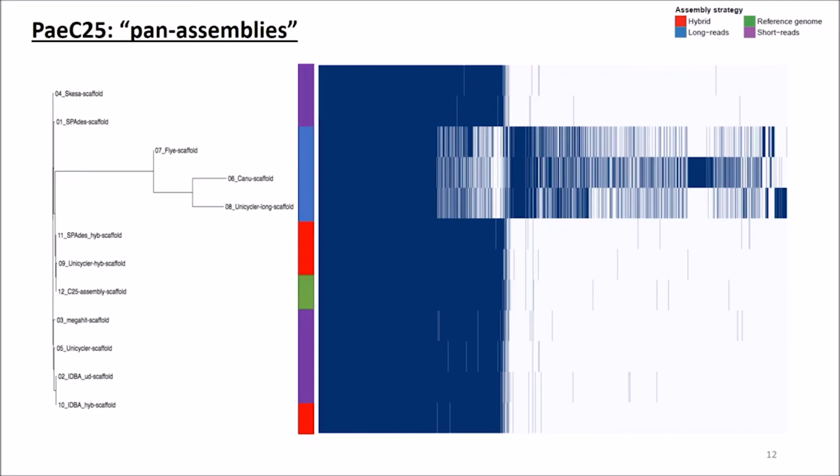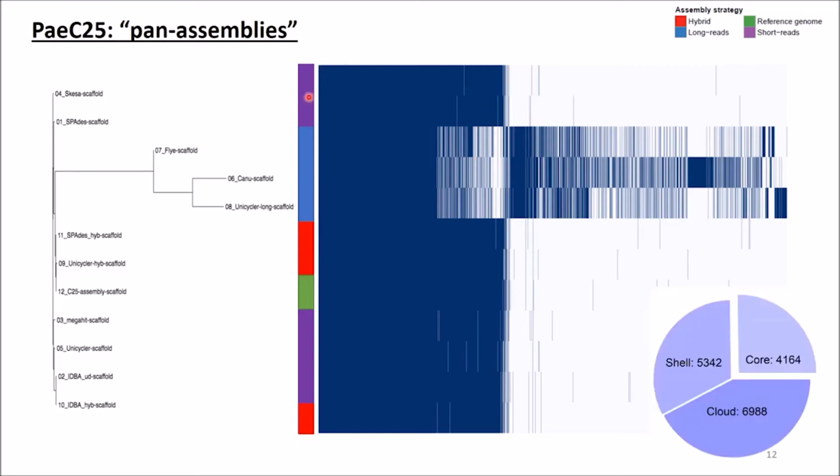Here we have the comparison of all the assemblers using a pan-genome approach with Roary, but we are using the same strain with different assemblies, so we call it pan-assembly analysis. We were able to identify a specific cluster for all the long reads-only approaches, in which we have specific elements, as we can identify here.